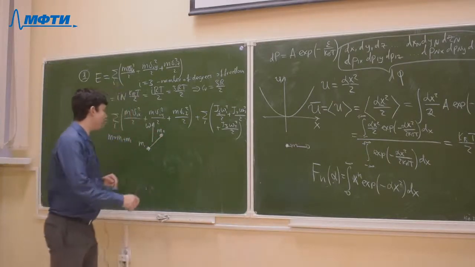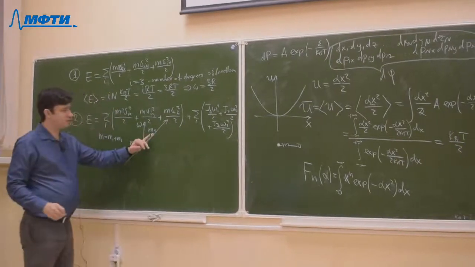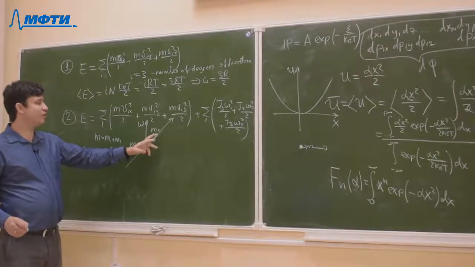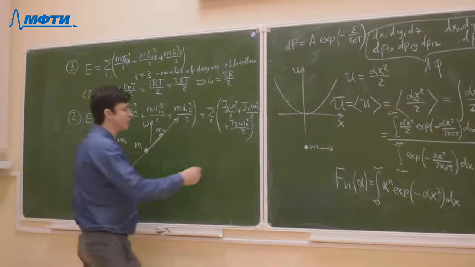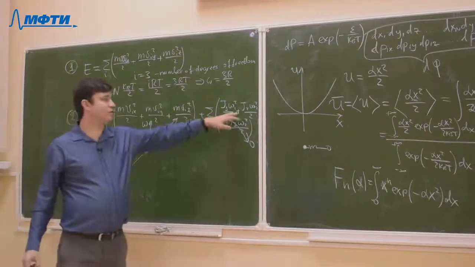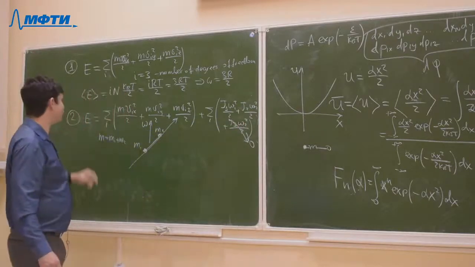But I notice that if I take this axis as one of the primary axes, then the moment of inertia about this axis is actually 0. So only 2 expressions give a contribution to the total energy.